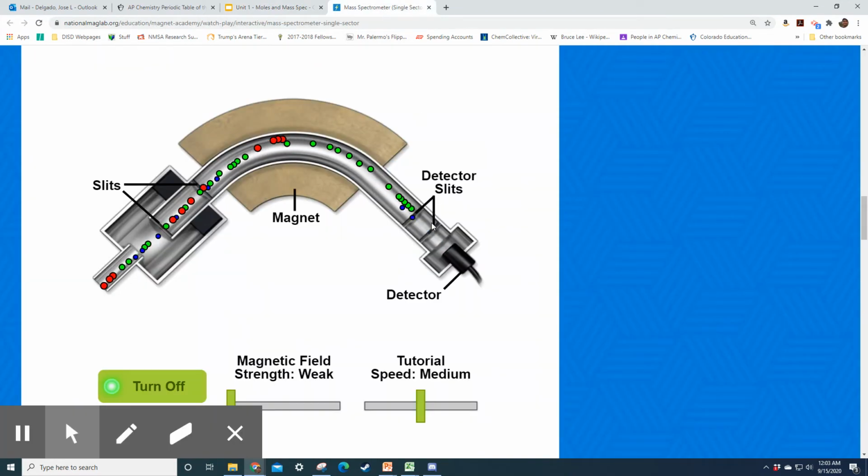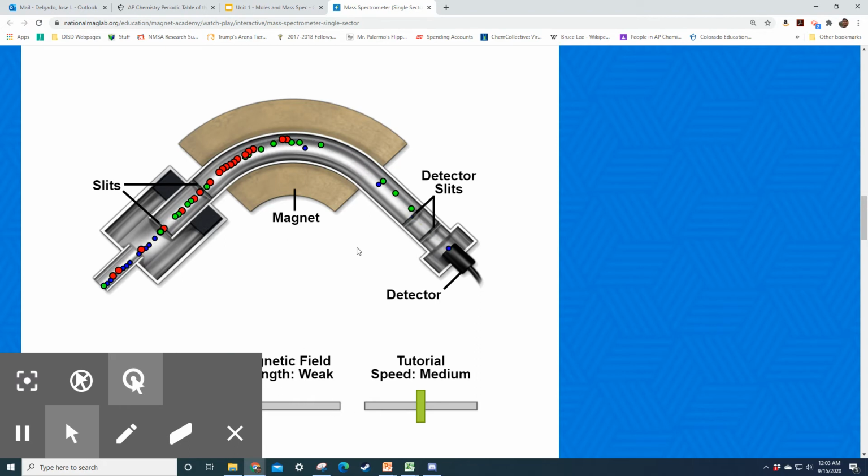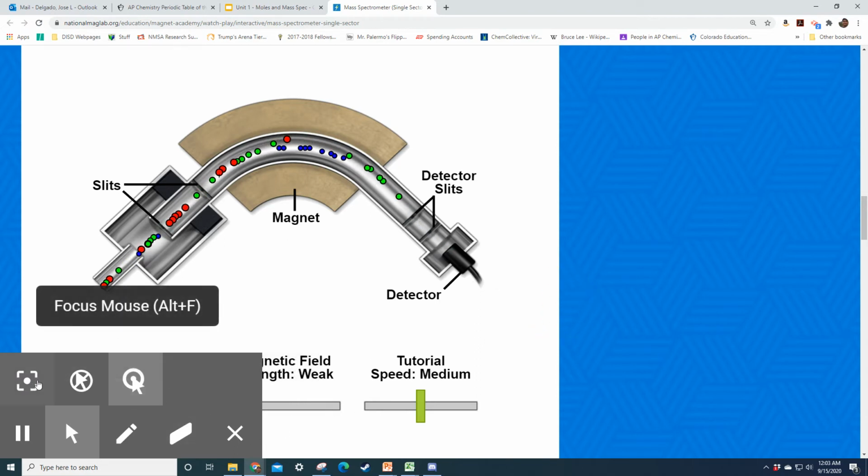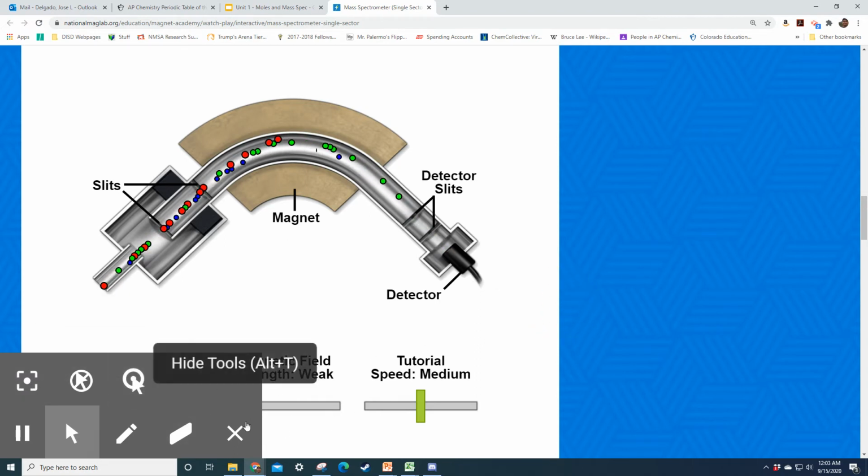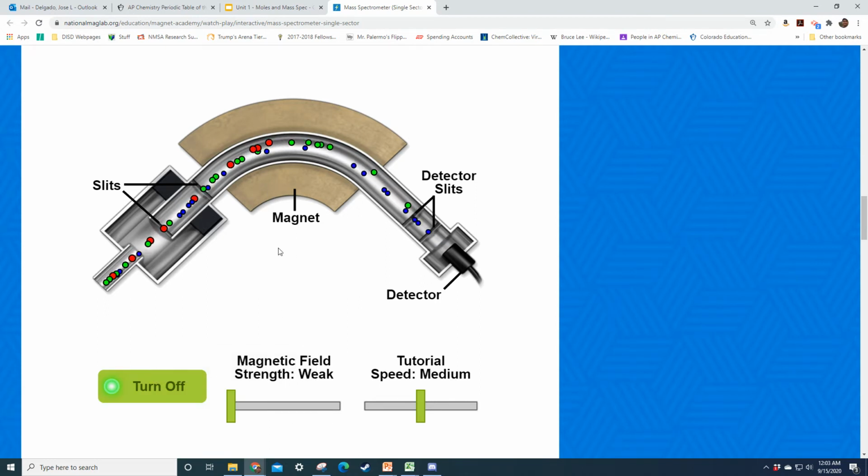Here is a mass spectrometer simulation that's currently running. And there are 3 types of particles here. They're color-coded. The red ones are the biggest, the green ones are in the middle, and the blue ones are the smallest. And right now, my magnet is set to the weakest. And so my magnet is allowing the blue ones to be detected, and only the blue ones.